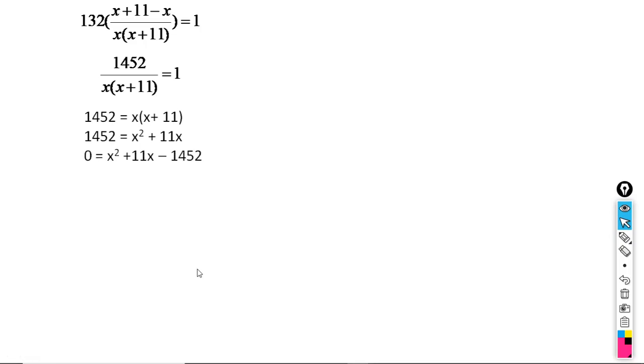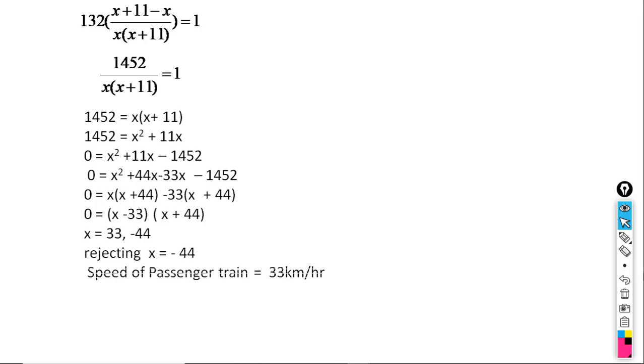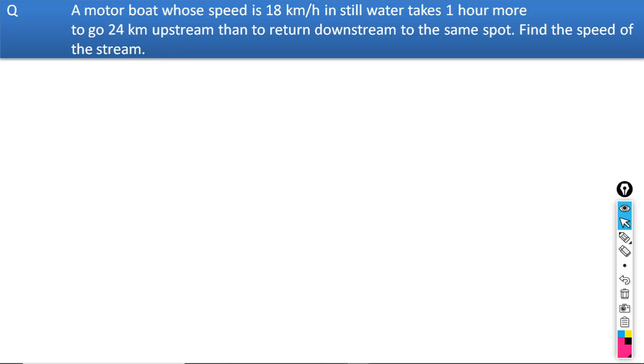The quadratic equation is x square plus 11x minus 1452 equals 0. 44 and 33 are the possible factors. We get the value of x as 33. It means the speed of the passenger train is 33 km per hour, whereas for the express train it is x plus 11, which is 44 km per hour.